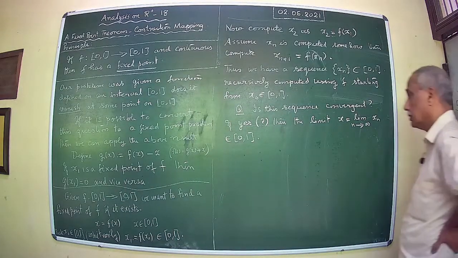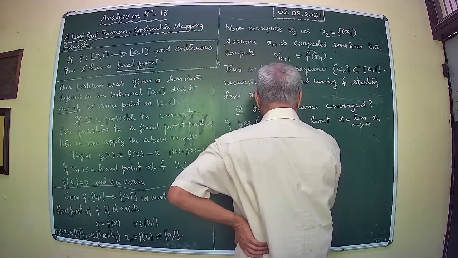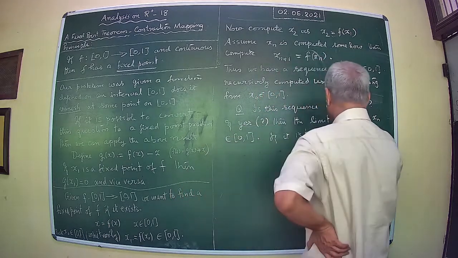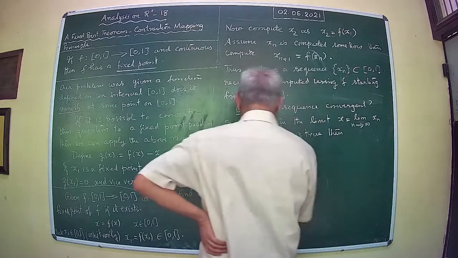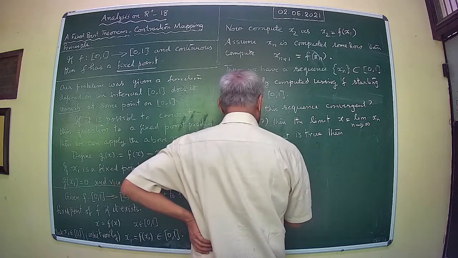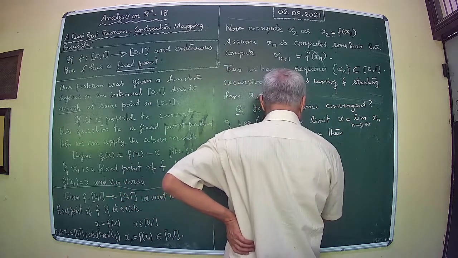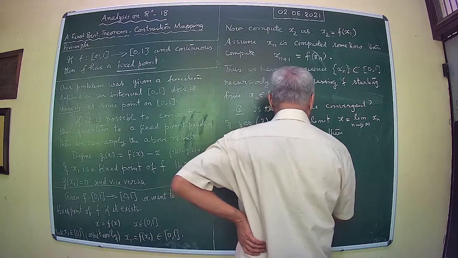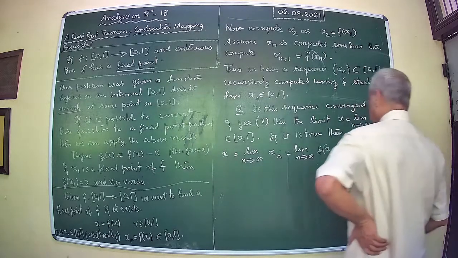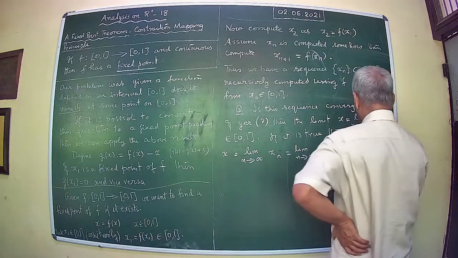Then the question is, if it is true, then what we have is f of the limit, which is equal to the limit of f of xn, because I can take the limit inside since f is a continuous function.